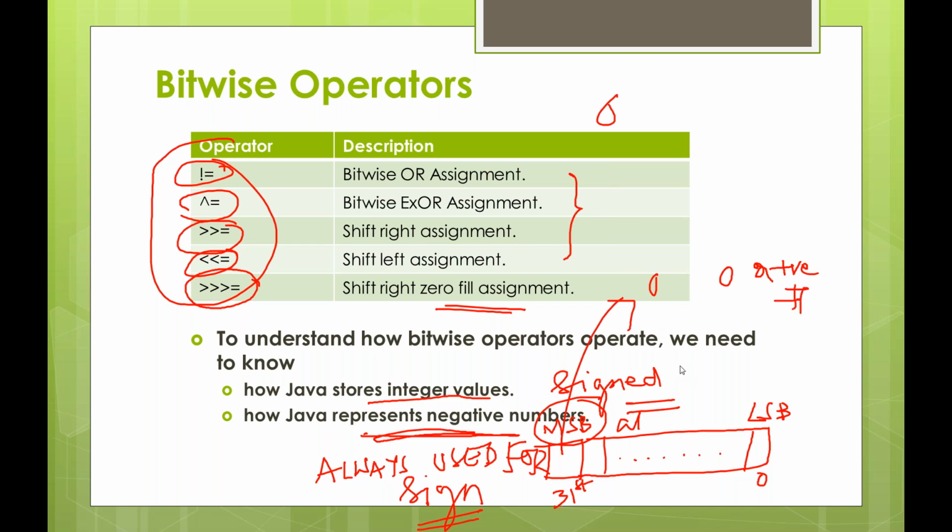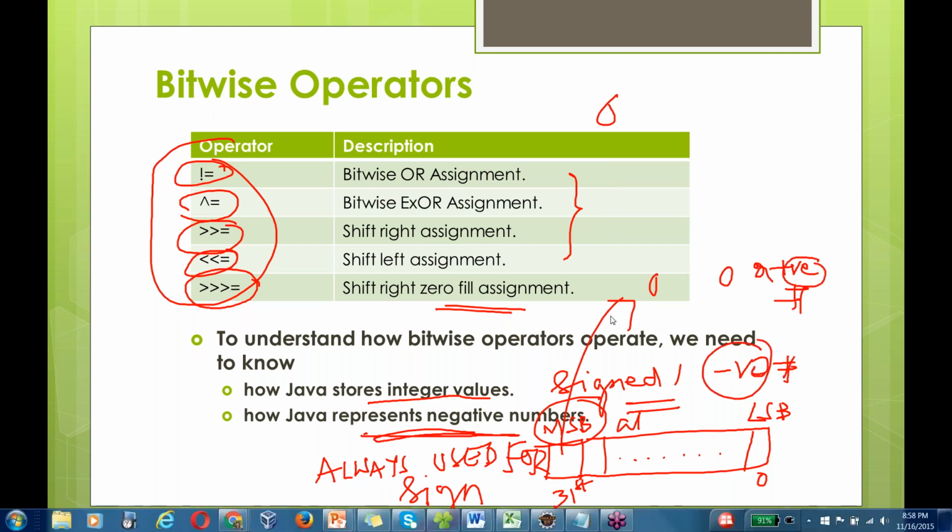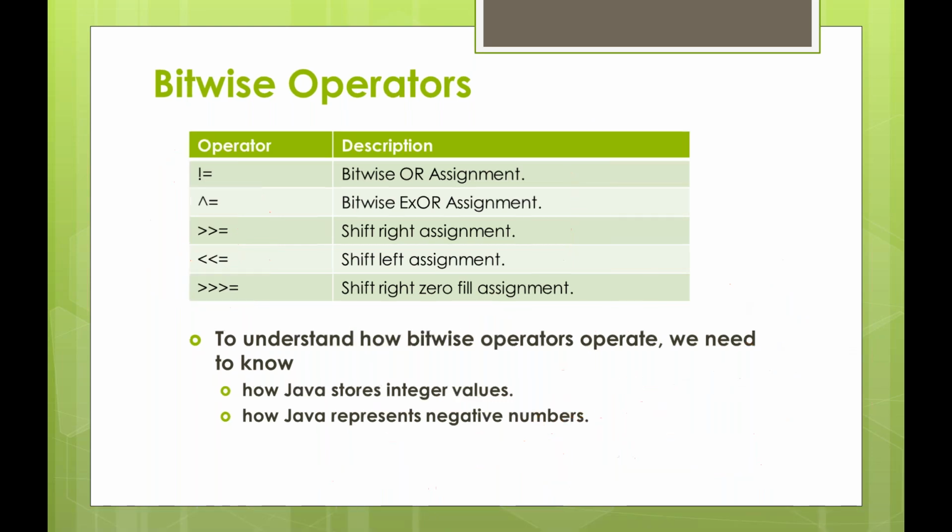If it is 1, it is a negative number. So that is why the most significant bit is used to represent the sign of a number.